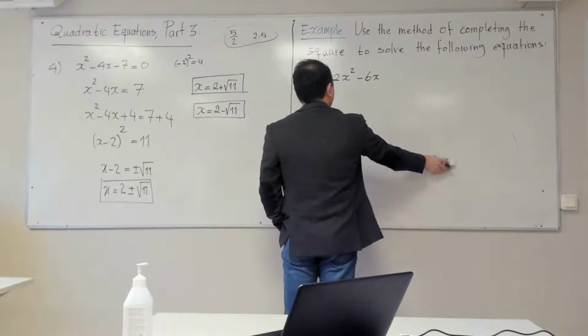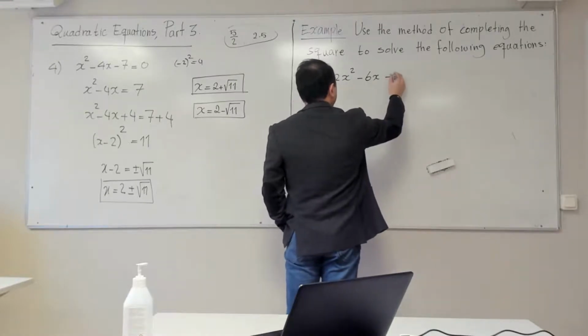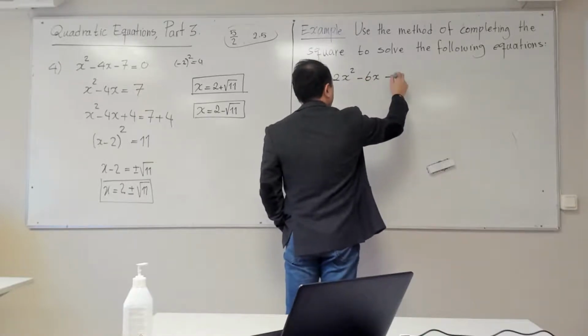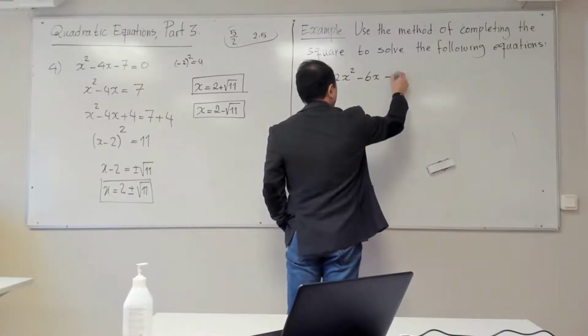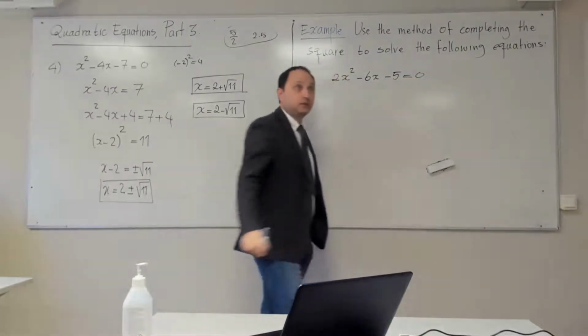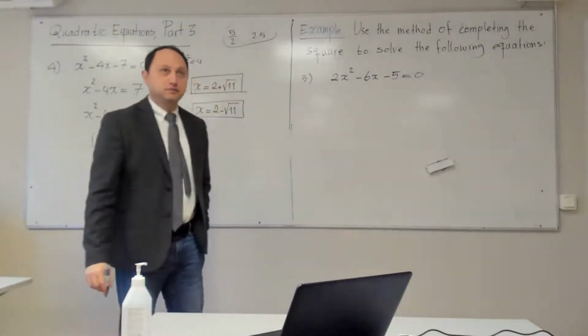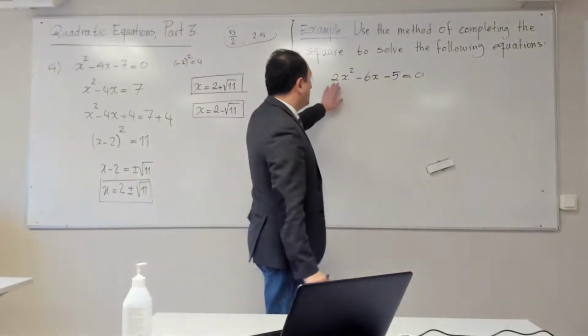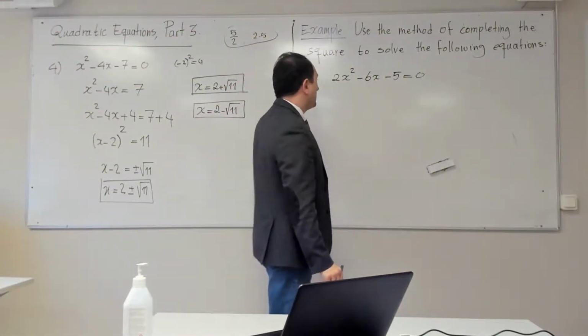Okay, let me give you this example first. So it's minus 5 equals to 0. Yes? Okay, so we want to solve this equation first.